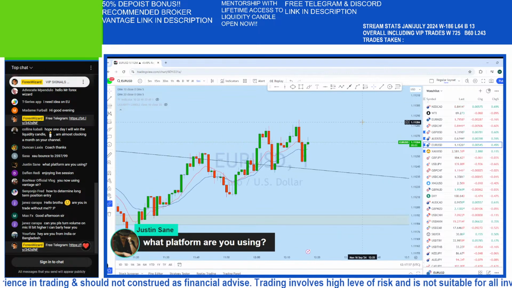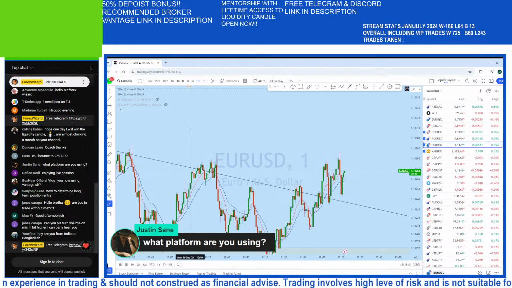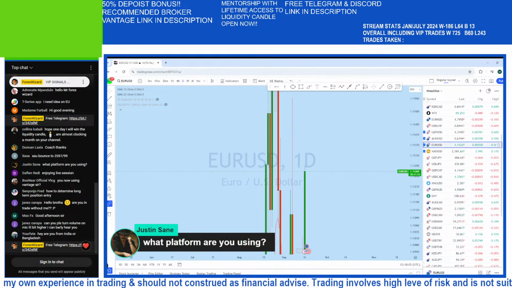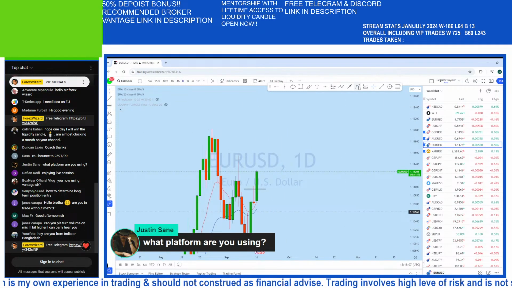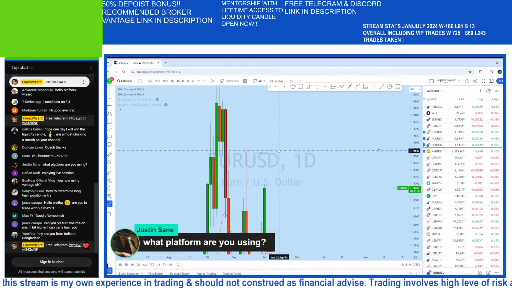We can see it creating a series of higher lows in that area. Euro dollar is pretty strongly bullish.